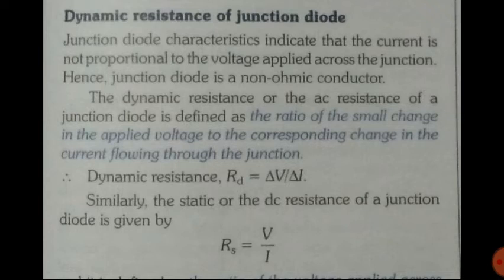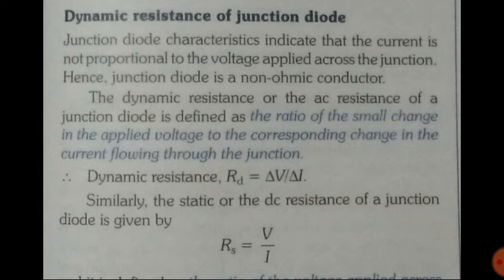Initially the current increased very slowly, but after a certain voltage it increased abruptly. So the behavior of current is not uniform with voltage, which means a junction diode is a non-ohmic conductor.